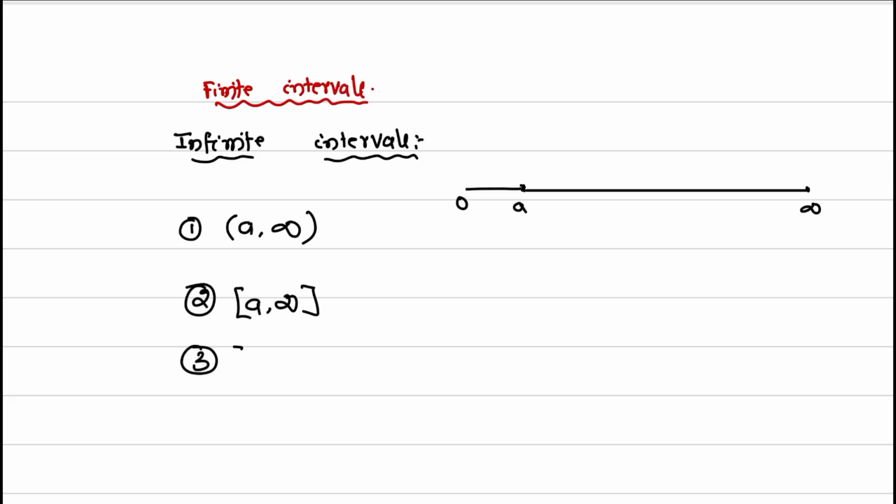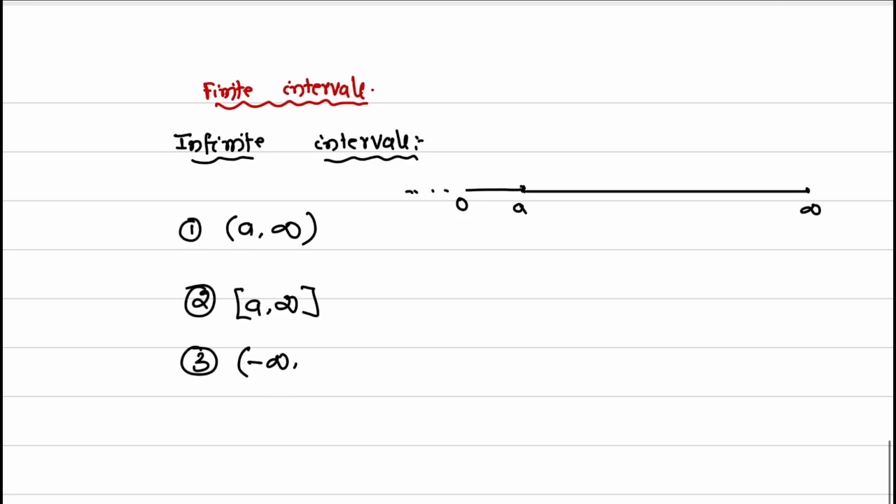Third case, on the left hand side it is minus infinity, because if you go this way it will be minus infinity. The interval is not defined at minus infinity, but A is defined on the right hand side. Fourth, minus infinity on the left hand side, both sides open.